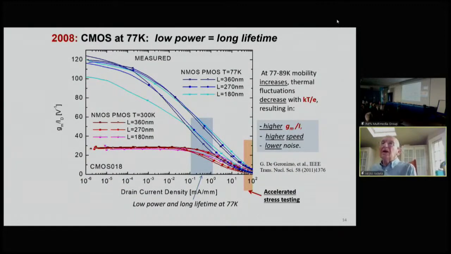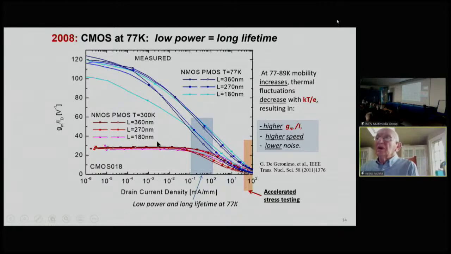Along with that, the cryogenic electronics, which started with JFETs, became obvious in around 2008 when MicroBooNE was started. The CMOS would be the best technology to use at low temperature.